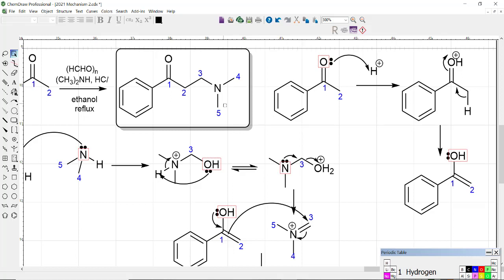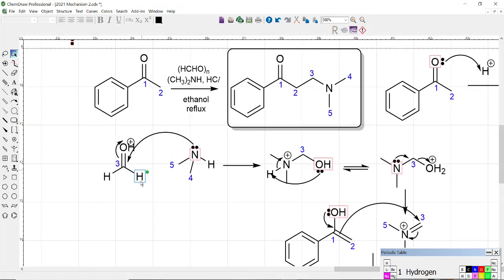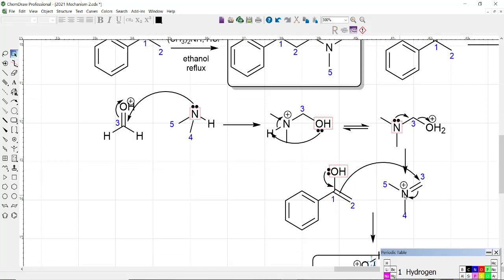And then therefore I need to generate an electron deficient site at carbon number 3.